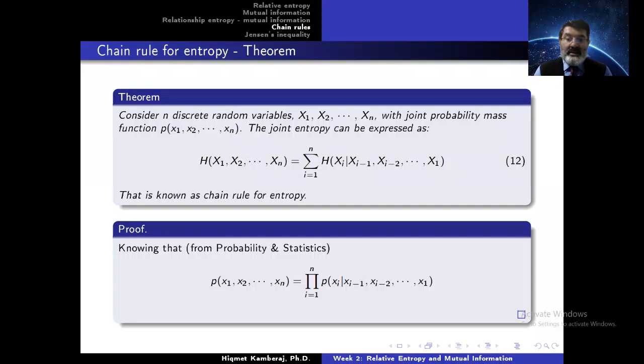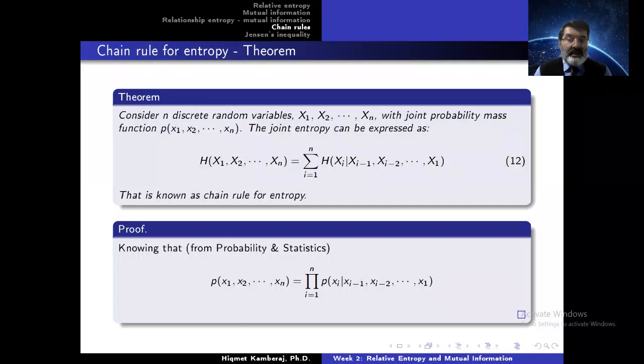The joint entropy can be expressed as follows: h of x1, x2, up to xn is equal to the sum over i from 1 to n of the conditional entropies h of xi given xi minus 1, xi minus 2, and so on down to x1. This is known as the chain rule for entropy.